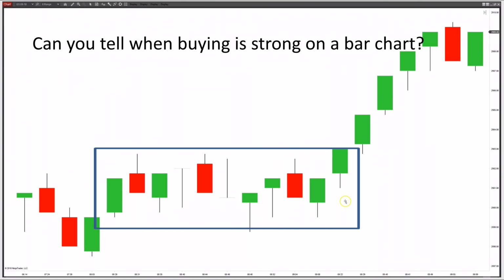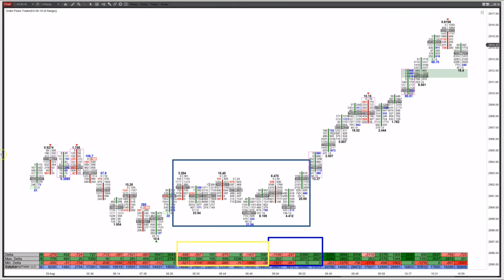It doesn't work that way. You want to know when demand is getting stronger. But if you're looking at the delta on an order flow chart, you're going to be able to understand when the buying is getting stronger, or when the supply, the selling, is getting stronger.